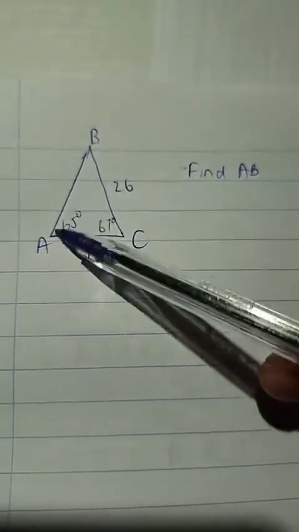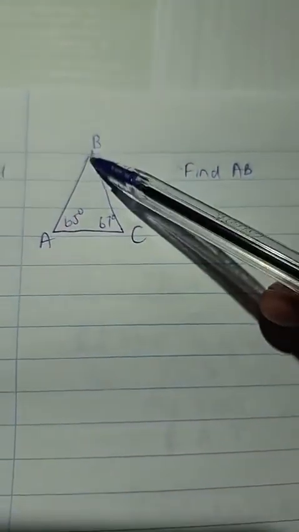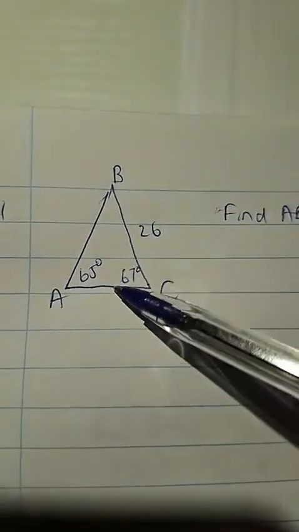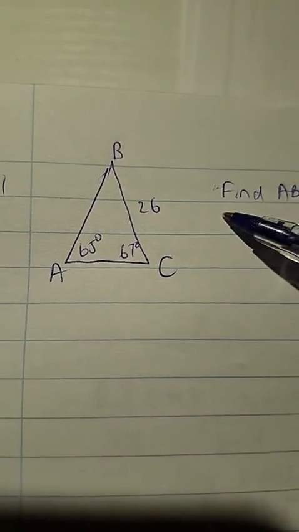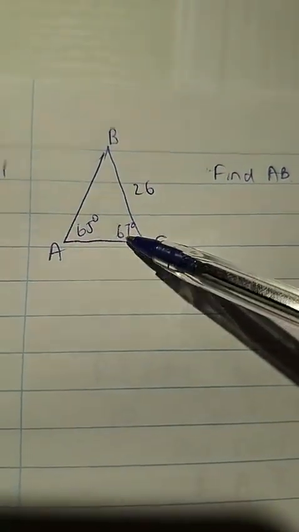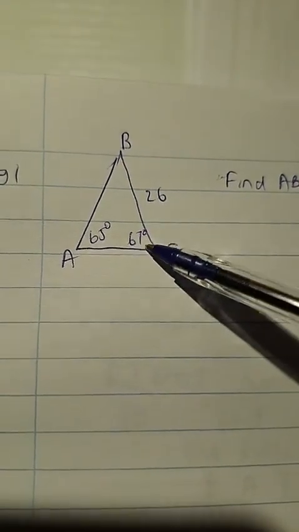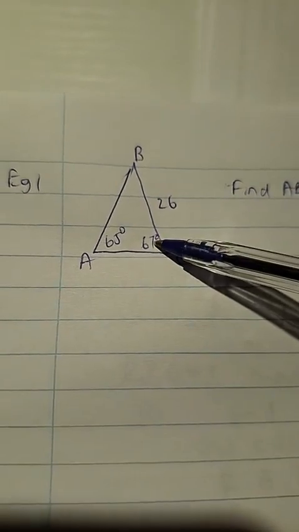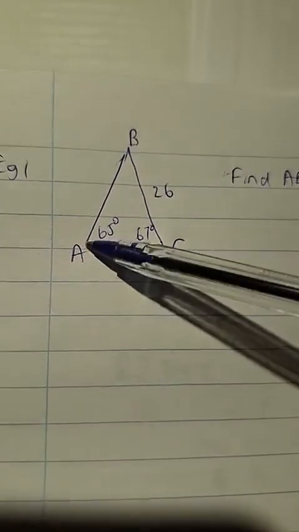AB is located right there. It is the side that is opposite 67 degrees, which is an angle that we are given. So we have a given angle, but we don't know its side that is opposite the given angle.